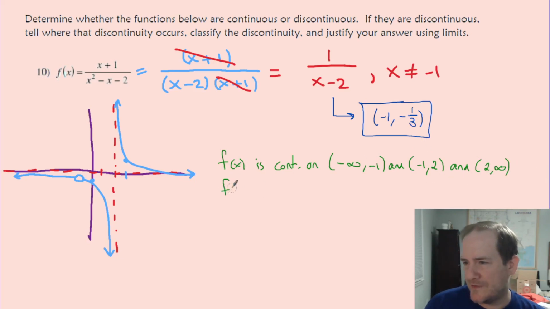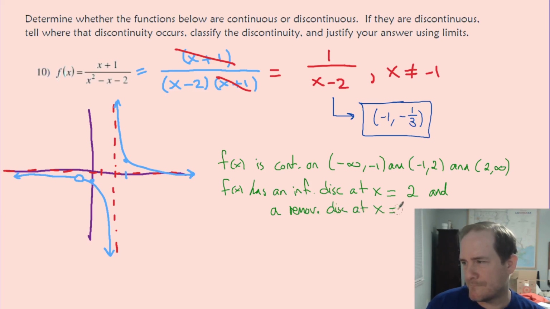Then we can say f of x has an infinite discontinuity at x equals 2 and a removable discontinuity at x equals -1.